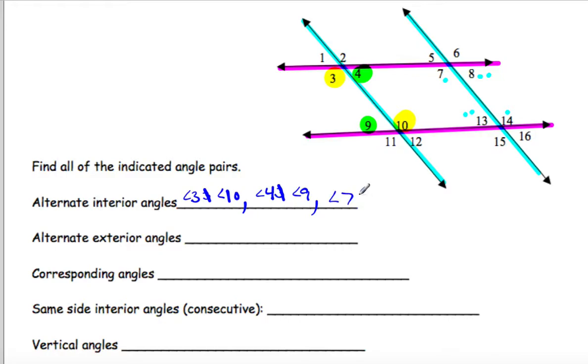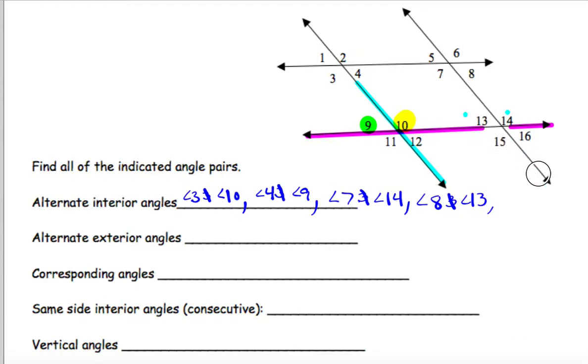Angle 7 and angle 14, and then I had said angle 8 and angle 13. Now there are even more, and I'm just going to write as many as we can fit here. And there's more because there's just so many transversals and so many pairs of lines that are in this image.